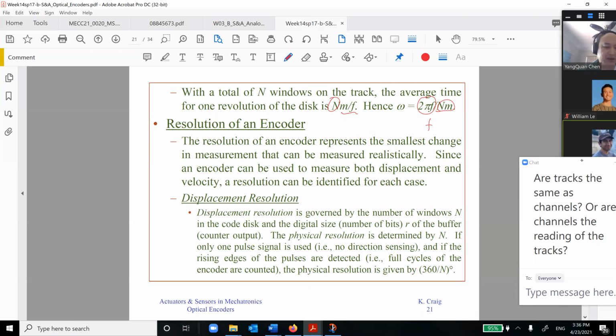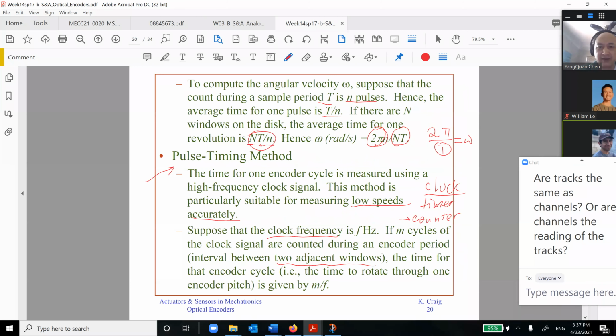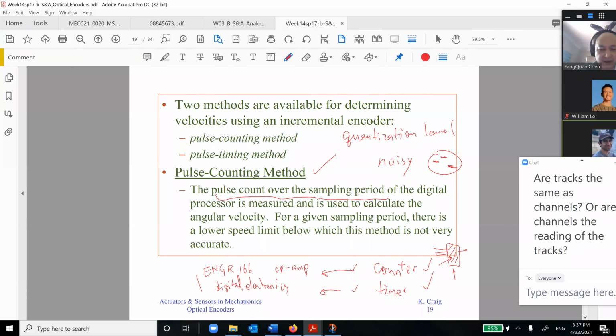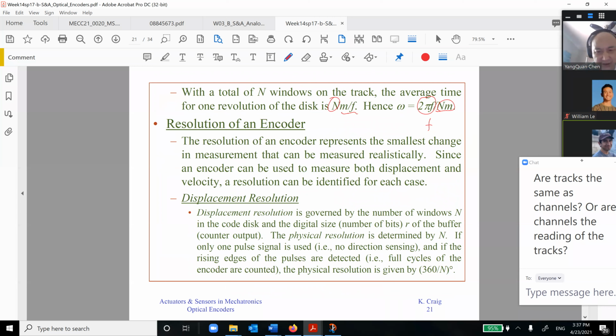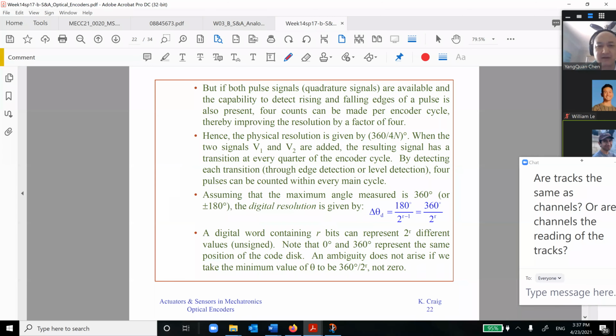But you should know that in principle there are two types of velocity computing. One is by counting pulses, another one by timing the pulses. Pulse timing, pulse counting, two methods.